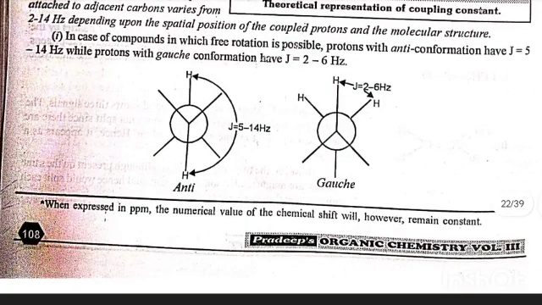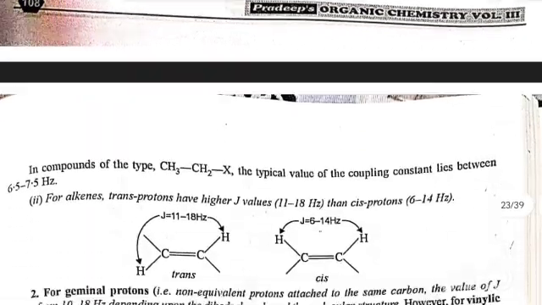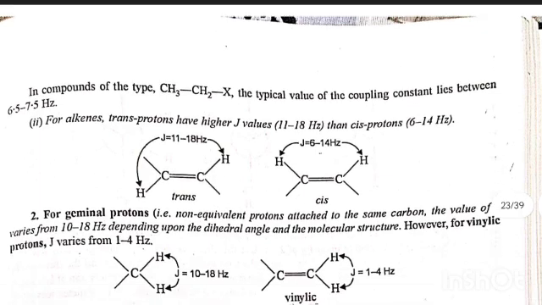In compounds in which free rotation is possible, protons with anti conformations have J equal to 5 to 14 Hz, while protons with gauche conformations have J equal to 2 to 6 Hz. In compounds of the type CH3CH2X, the typical value of the coupling constant lies between 6.5 to 7.5 Hz.